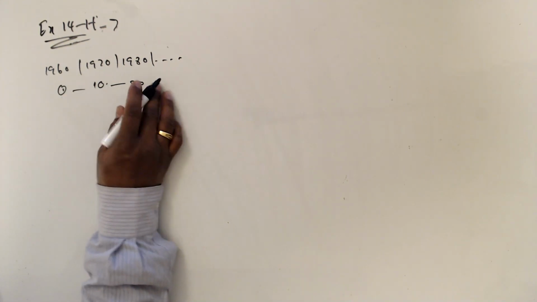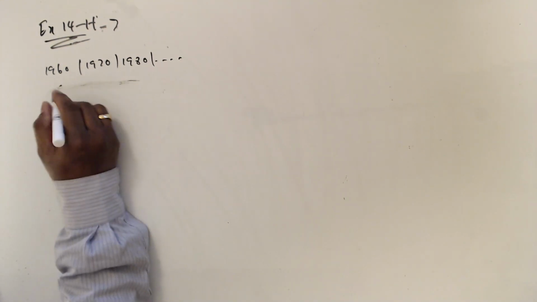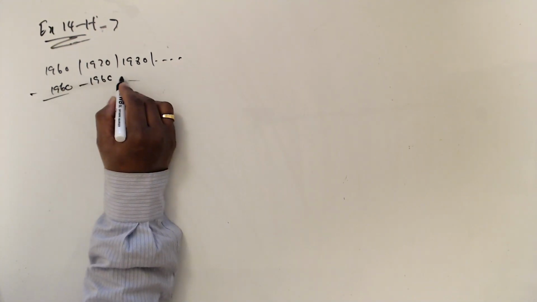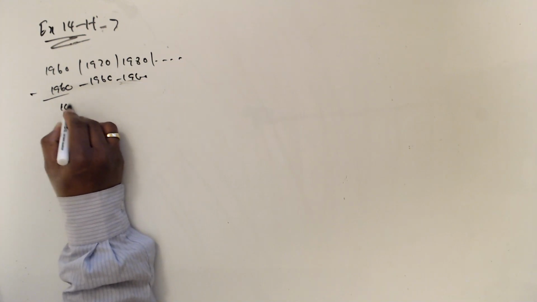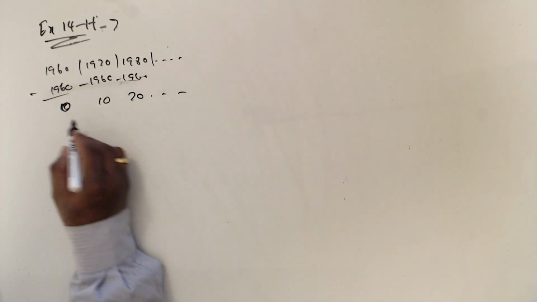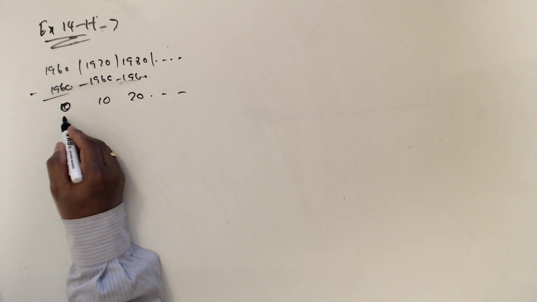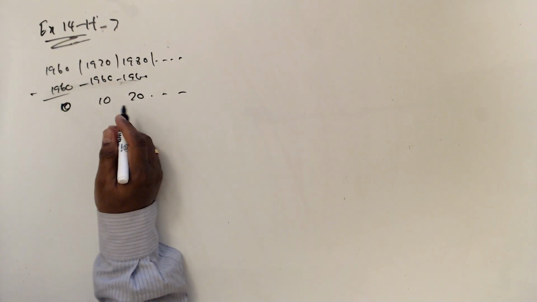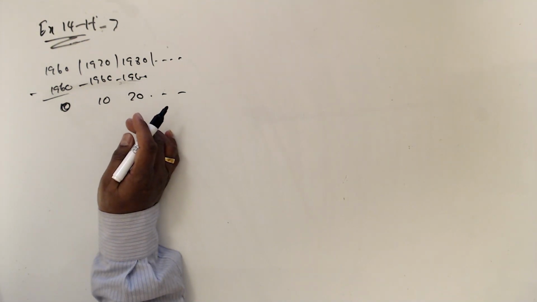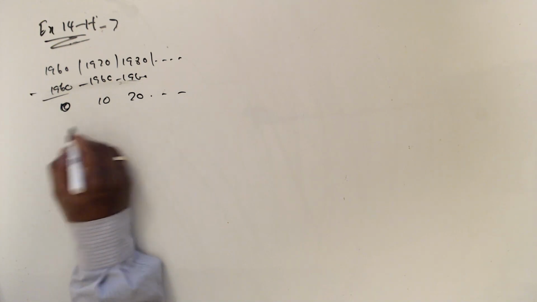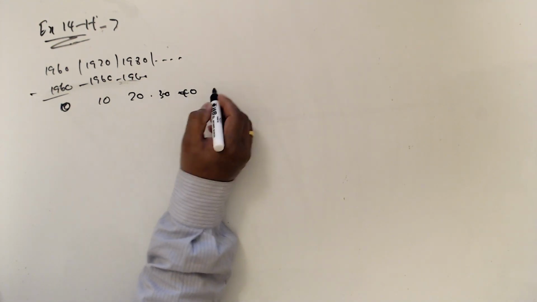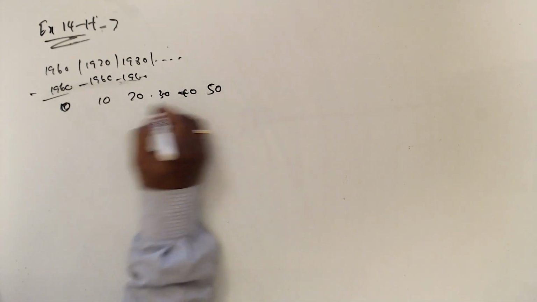So basically you will get everything when you subtract 1960 from each. So this is 0, 10, 20, and so on. It's not a log, it's just introducing a code to simplify. So this is 0, 10, 20, 30, 40, 50.